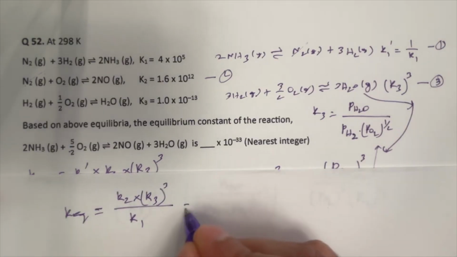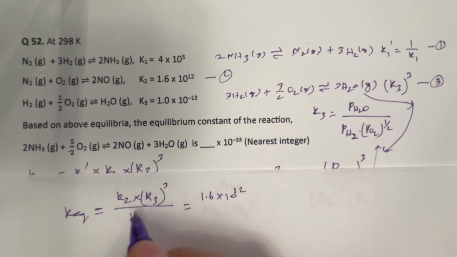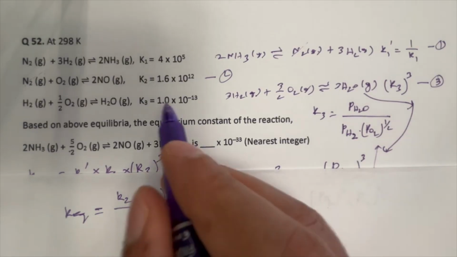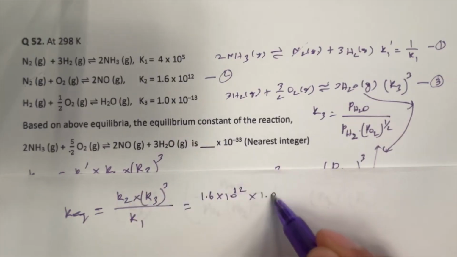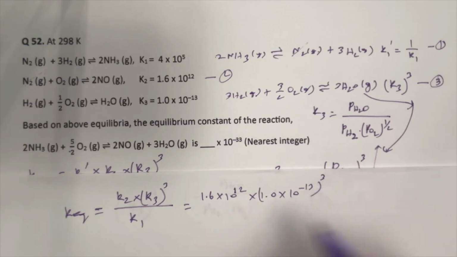So therefore, K2 is 1.6 times 10 to the power 12, that is K2, and then K3 is 1 times 10 to the power minus 13 to the whole power 3 divided by K1, which is 4 times 10 to the power 5.